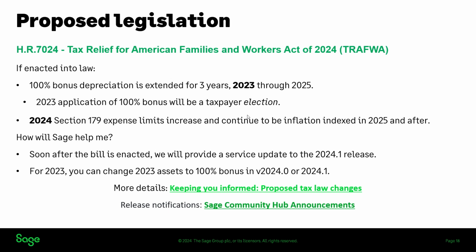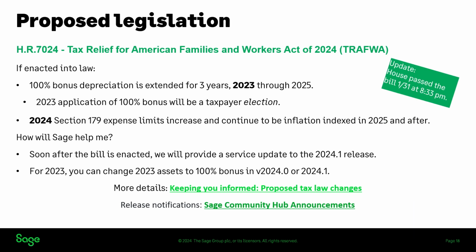So yes, this proposed legislation, I saw a few questions in the chat about it because it is rapidly evolving. There is HR 7024, the Tax Relief for American Families and Workers Act of 2024, that initially came about the 19th of January.